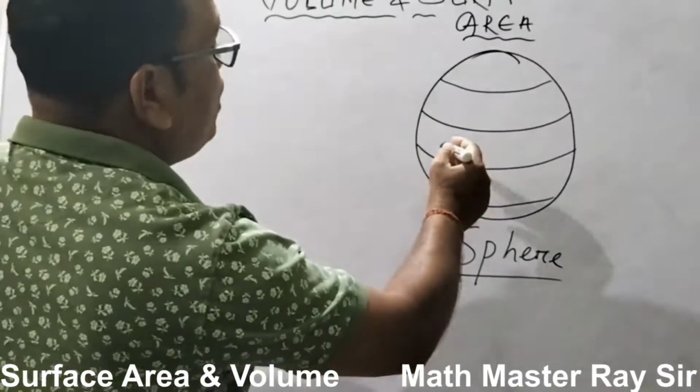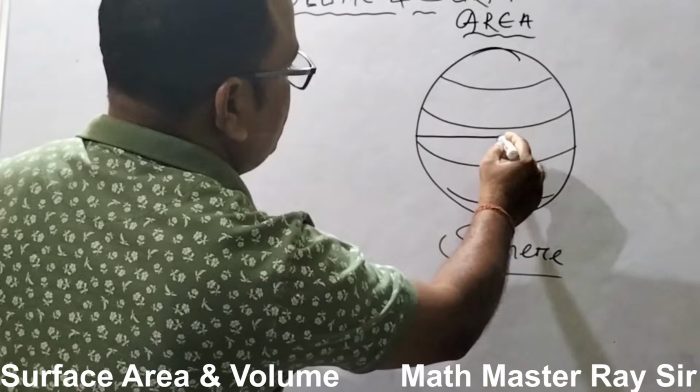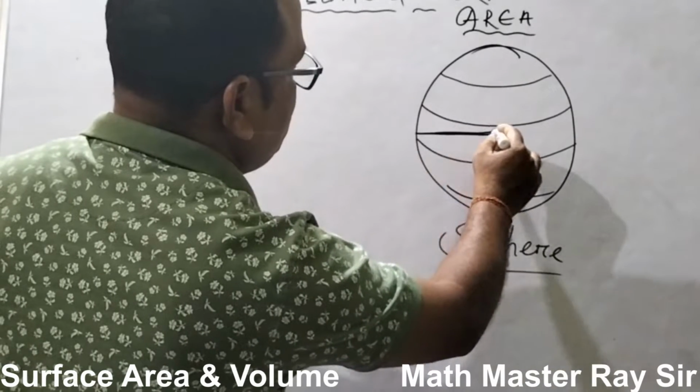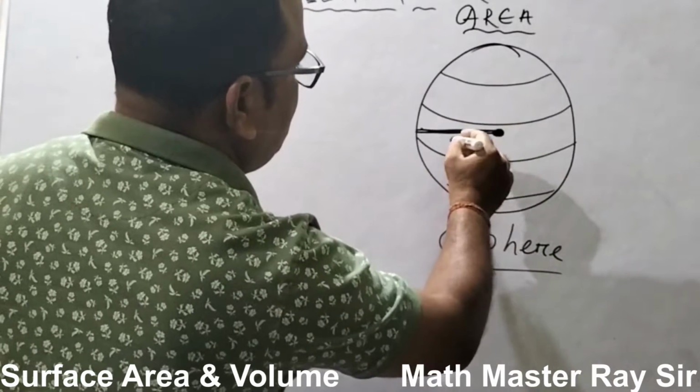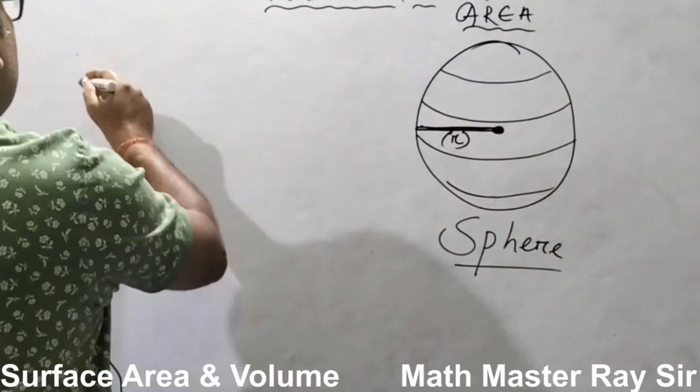Now, before we come to the volume section or surface area section, we should know the diameter or the radius of the sphere. Suppose this is the radius, considered as r. Then what would be the volume?